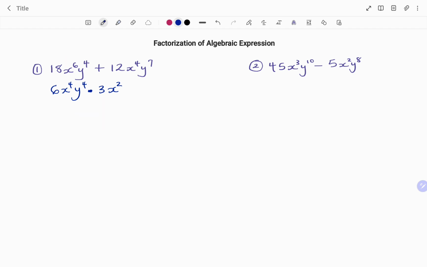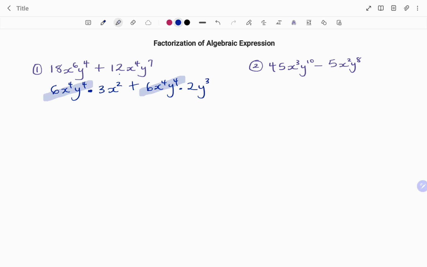I'm going to do the same to the second term using my highest common factor, which is 6x^4y^4 times, to get to 12, I need to multiply 6 by 2, x^4 divided by x^4, that's 1, y^7 divided by y^4, I need y^3. Therefore, if you check the two terms, you will observe that 6x^4y^4, which is the highest common factor, is common.